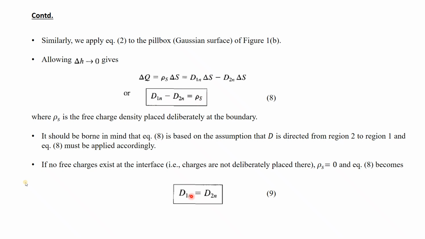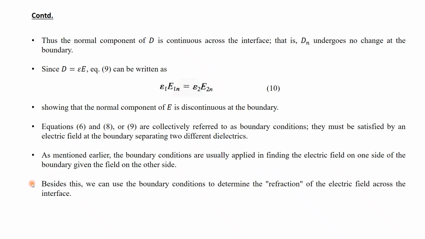This equation becomes D1N minus D2N equals 0. So D1N equals D2N. This is one conclusion. In existence of charge we can write the earlier equation, but in non-existence of charge at the boundary we can write D1N equals D2N. Thus the normal component of D is continuous across the interface, that is, Dn undergoes no change at the boundary, provided there is no charge at the boundary. Okay, so this is our conclusion.